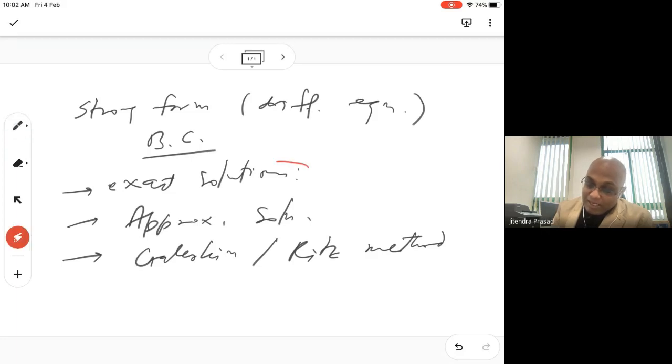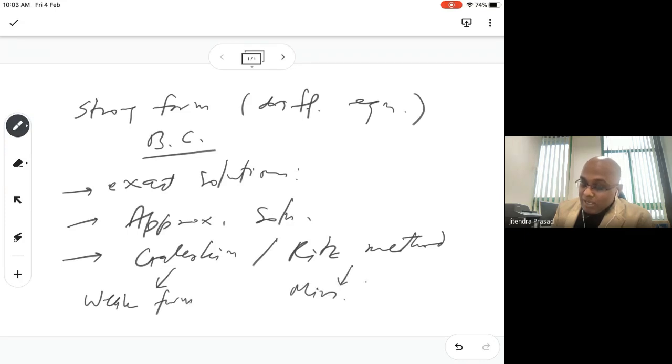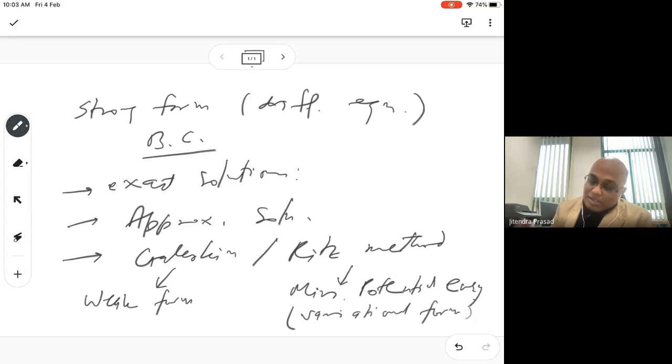Instead of the strong form, in the Galerkin case we have the weak formulation, and for the Ritz method we have the minimum potential energy formulation, or you also call it the variational form. And accordingly we proceed.